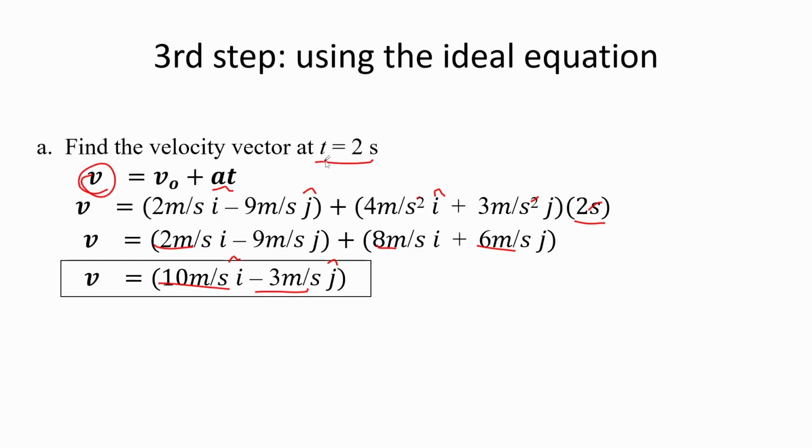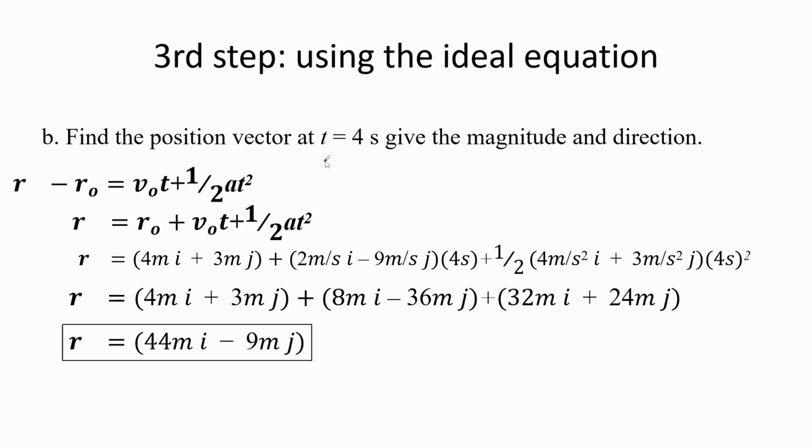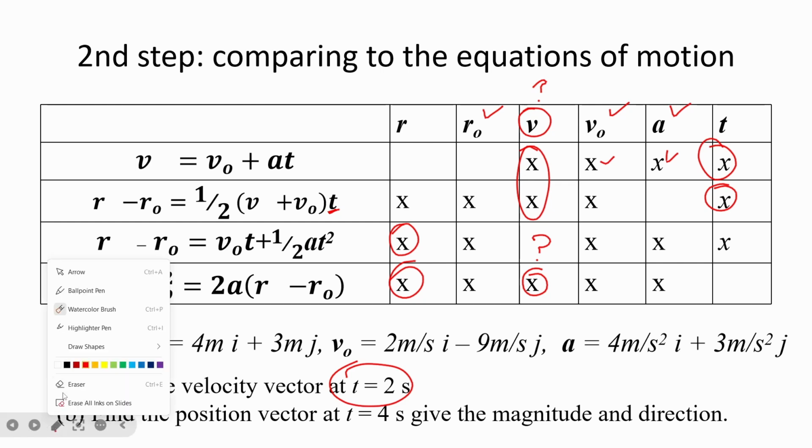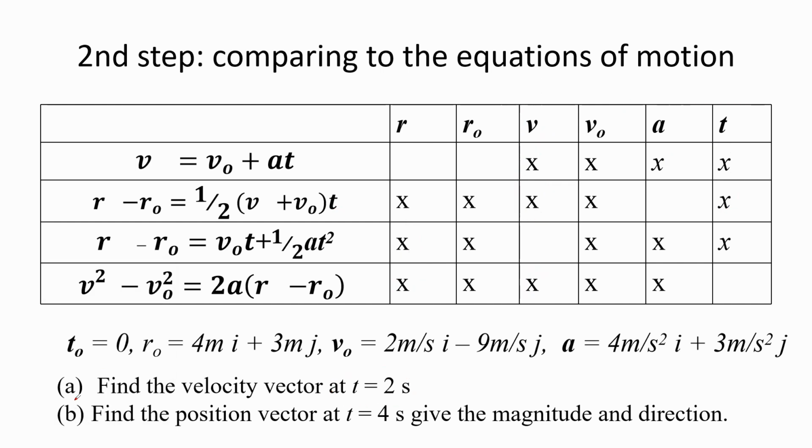The next one is find the position vector at t equal to 4 seconds. Give the magnitude and direction. So let's go back again. So let me clear this one. So again, ang unknown, find the position vector.